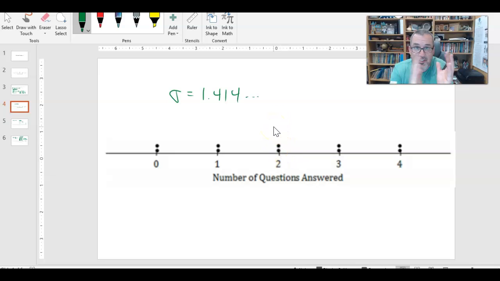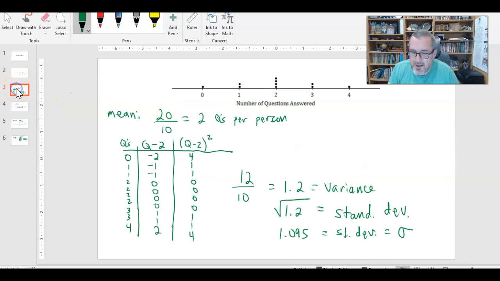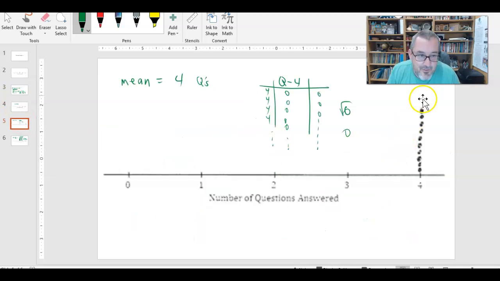We didn't get that cluster around the mean, and now we've got more people on the extreme, more spread out, more standard deviation. In fact, 1.4 versus 1.095. And then this one, if everybody answers the same, no deviation, standard deviation of 0, I should say.